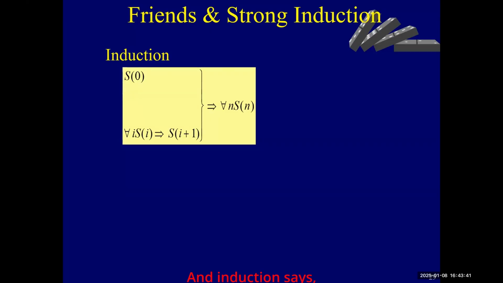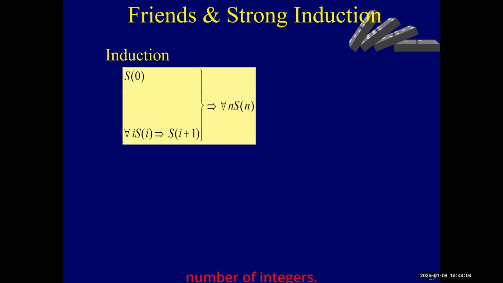Induction says, suppose we have a statement S that for every positive integer is either true or false, right? And we want to prove that for all integers n greater or equal to 0, the statement's true. How do we prove that?